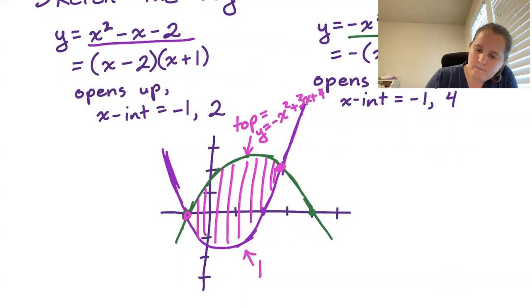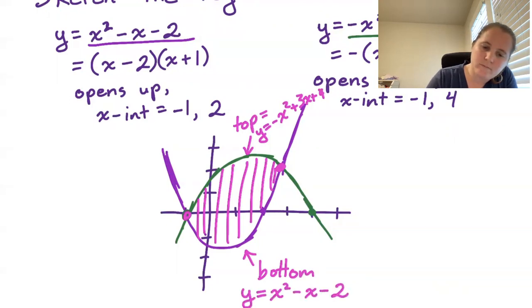The bottom is our y equals x squared minus x minus 2. I'm going to rewrite this one so it's easier to read. So the top is y equals -x squared plus 3x plus 4.